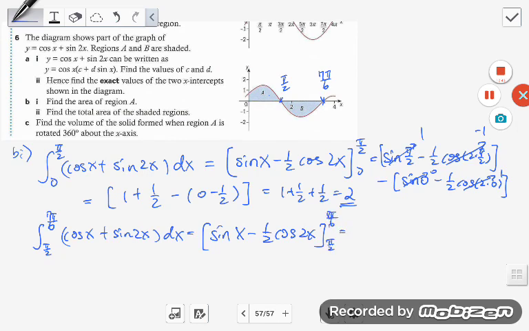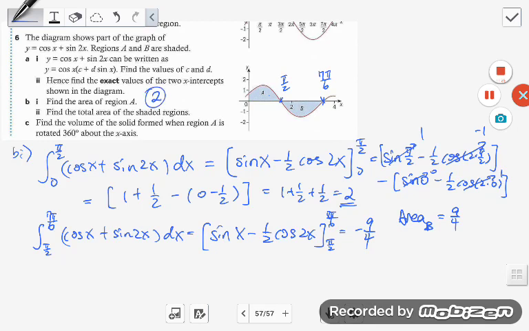Now you just substitute. I'm going to pause the video and leave the substitution part to you guys. I hope you know how to do it. The result is negative 9 over 4, but since area cannot be negative, the area for B is 9 over 4. The area of A we got already is 2.